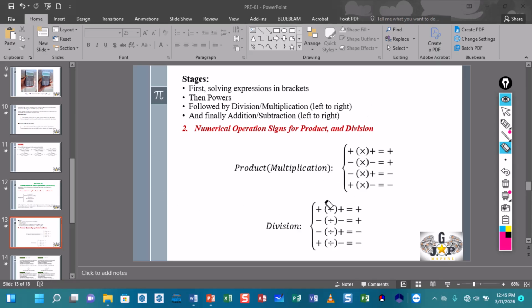And the other thing is, there are other numerical operation signs besides product and division, which are subtraction and addition. But those are more categoric, meaning that they are kind of slaves compared to these two masters. They are slaves because of what? Because they depend on numbers.